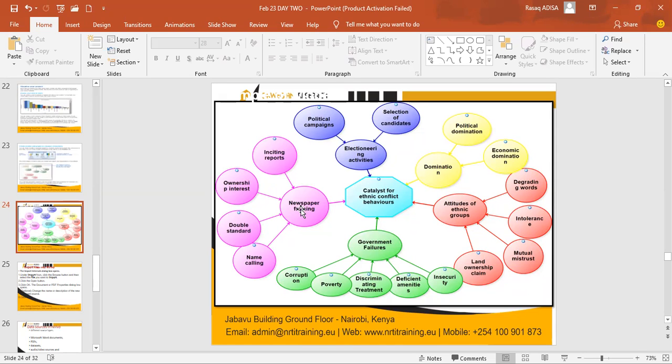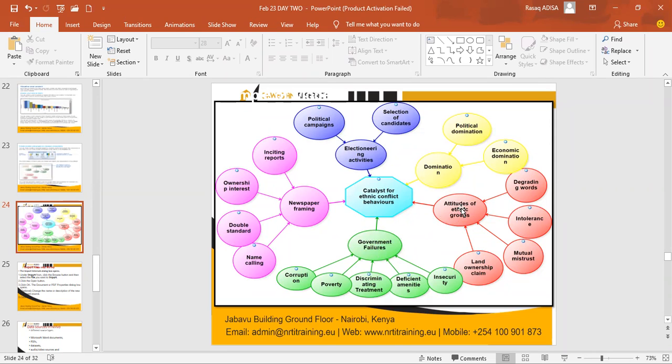It causes conflict. Then look at the green. The green says government failure also leads to conflict. Then there is the attitude of ethnic groups fighting each other after elections, especially when somebody from your ethnic group was not elected, lost out, they turn to fight.